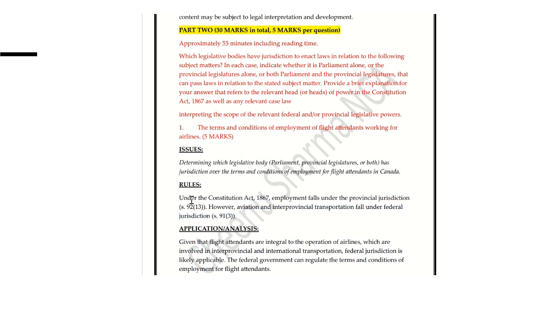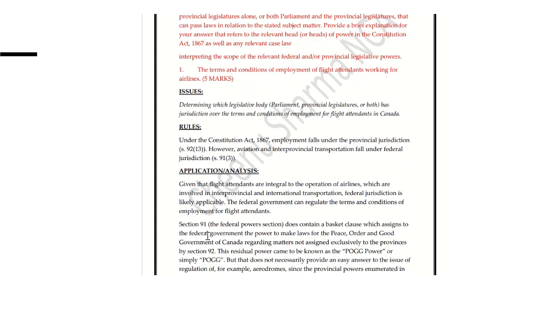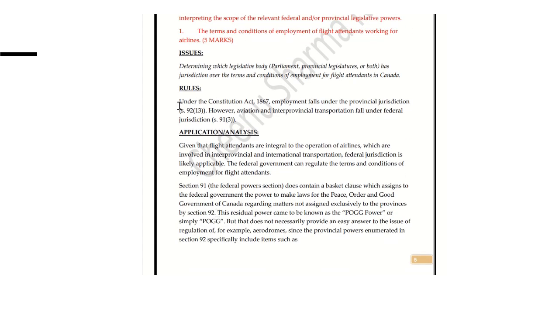Now we have to decide in our analysis which authority has the main power to enact law related to terms and conditions of employment of flight attendants. Given that flight attendants are integral to the operation of airlines, which are involved in interprovincial and international transportation, federal jurisdiction is applicable. So the federal government can regulate the terms and conditions.